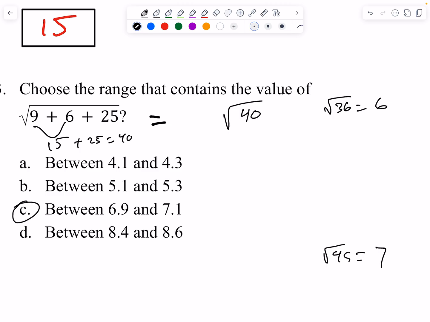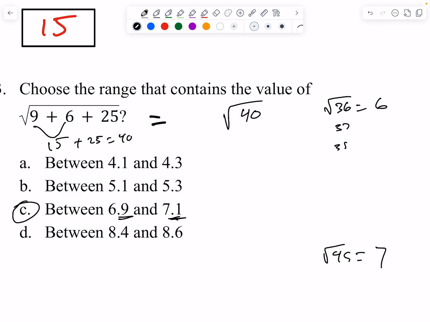And if I'm looking at this, 30, 40, yeah, actually, it is between 6 and 7, but these should be smaller. On yours, it'll make a lot more sense, because square root of 40 is actually over what?